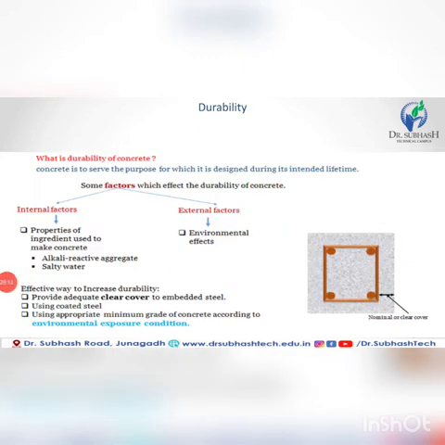Next, what is durability of concrete? Concrete should serve the purpose for which it is designed during its intended lifetime.